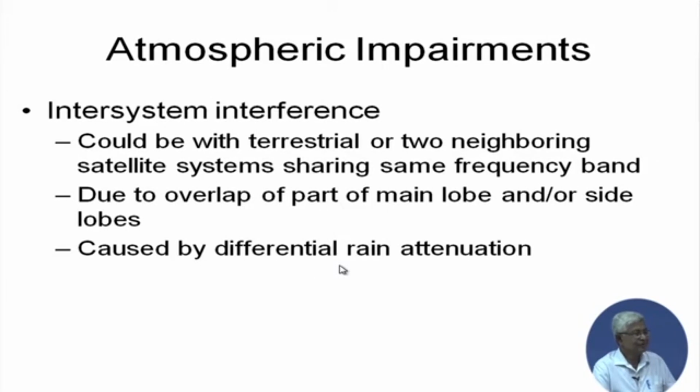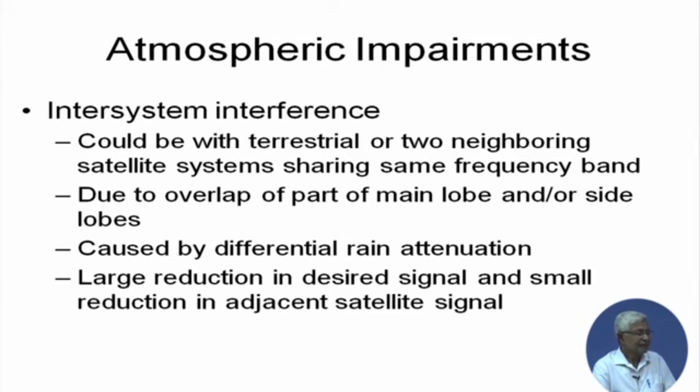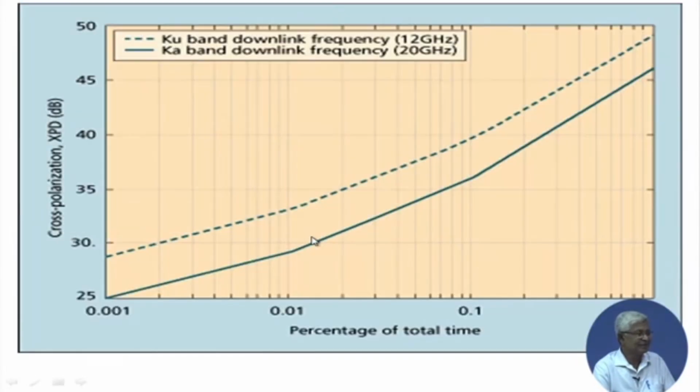So, they can scatter and interfere, with a large reduction in the desired signal and a small reduction in the adjacent signal path. So, there is a possibility of intersystem interference because of the rain, and that cross pole discrimination could be plotted.